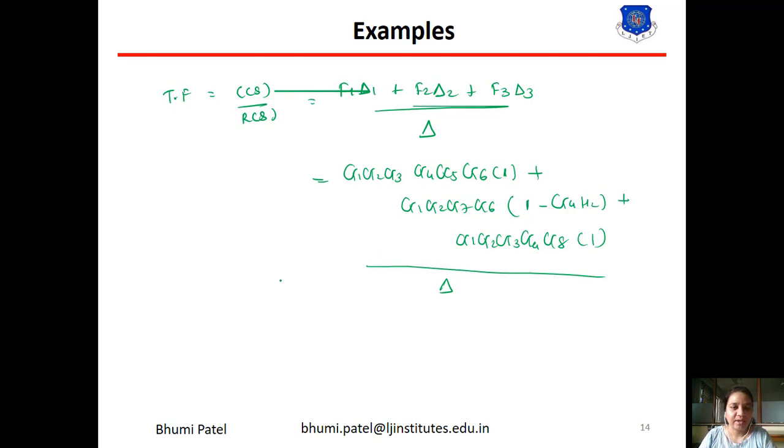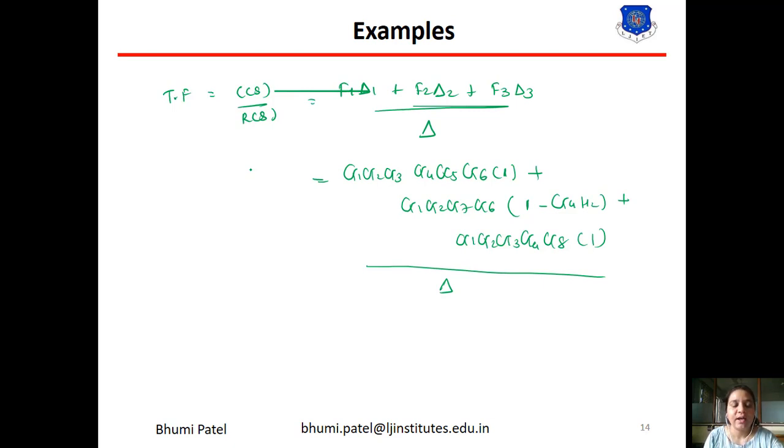Now to simplify this equation, put in the value of delta and we get the transfer function of this signal flow graph. Whenever a signal flow graph is given, we can always apply Mason's gain formula. Find the number of forward paths, individual loops, 2 non-touching loops, 3 non-touching loops and so on, and find the value of delta.